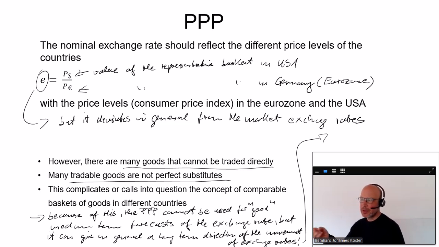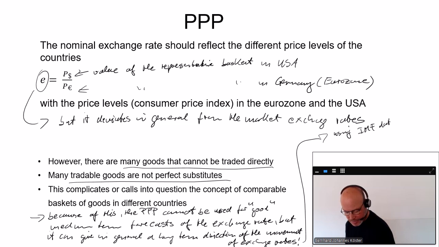So maybe you can look up the purchasing power parity and then compare this to your actual exchange rate, and there you have maybe also nice outcomes using the IMF data mapper.